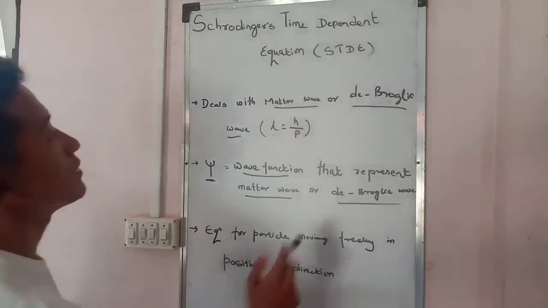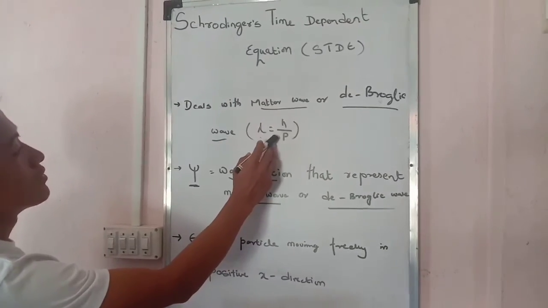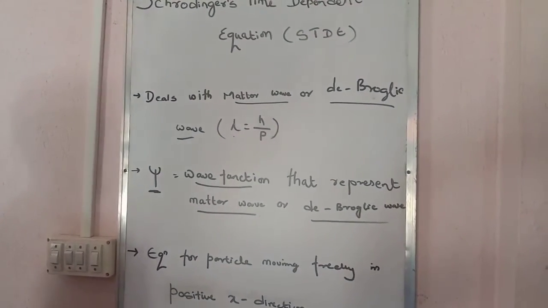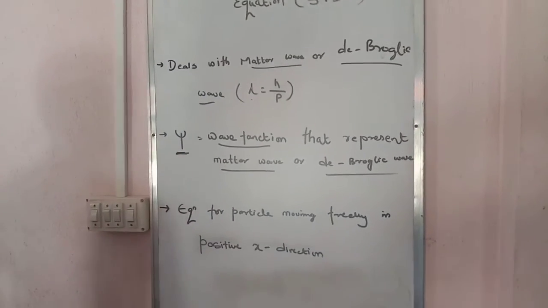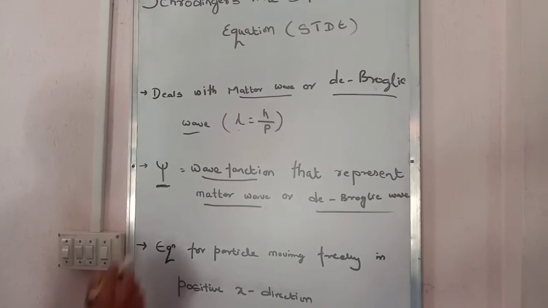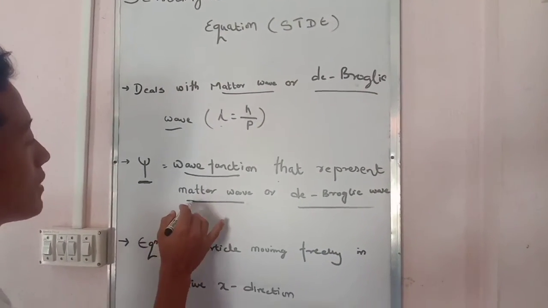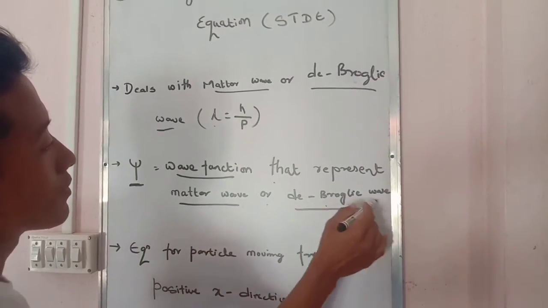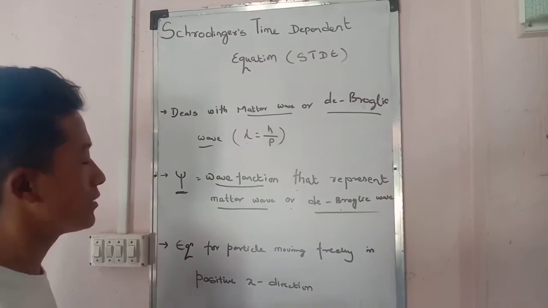We all know that the de Broglie wavelength is lambda equals h by p, and another one is psi. Psi is a wave function that represents matter wave or de Broglie wave.